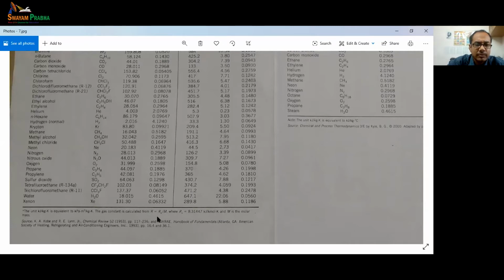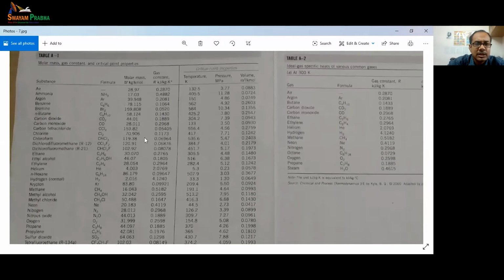And on the left hand side of that, you can also see that the gas constant can be obtained from this Ru by dividing it by molar mass, and molar masses for each individual gas are also given throughout this column. So let us see what is the value for air. For air, the molar mass is 28.97 and the gas constant is 0.2870 kilojoule per kg K.